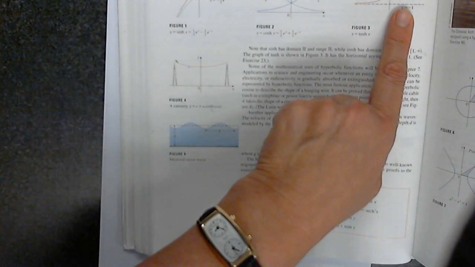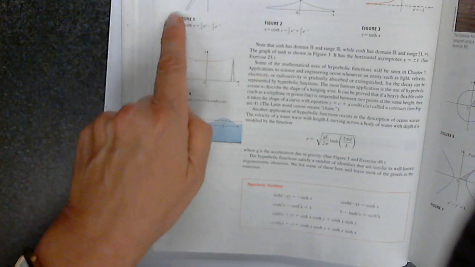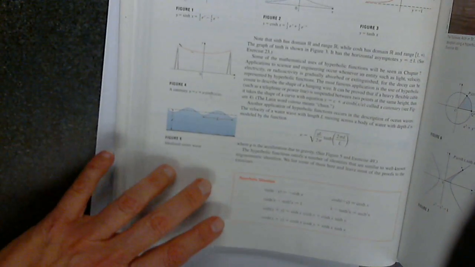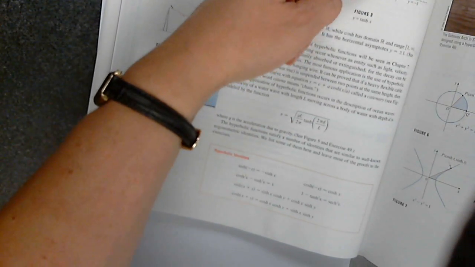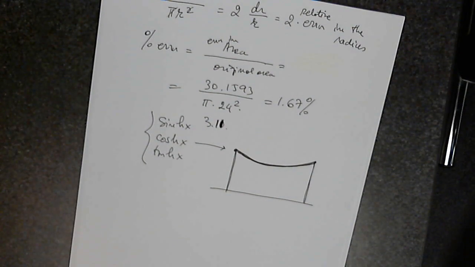It's very similar to something we know very well, like arc tangent x, but it's not between negative pi over 2 and pi over 2, but between negative 1 and 1. And this completes chapter 3. When we move on to chapter 4, there are more applications. And in chapter 5, we'll look at integrals.